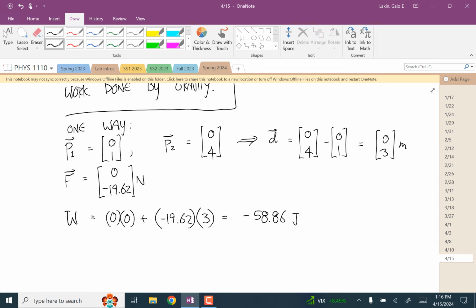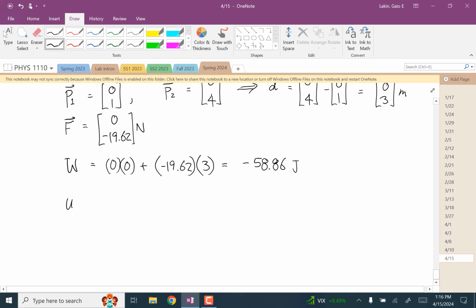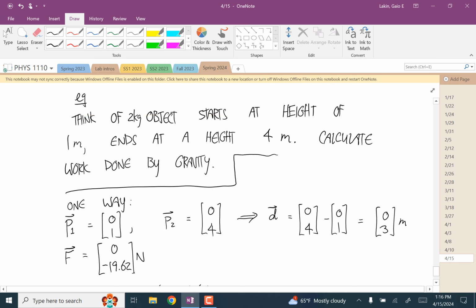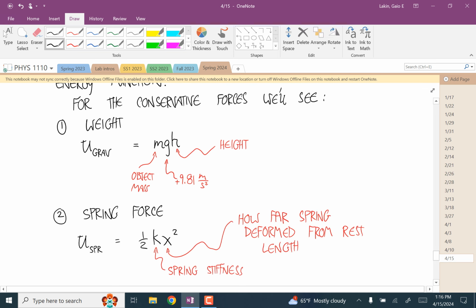But we can do the same calculation using potential energy. At instant 1, we're going to use the potential energy function for gravity.